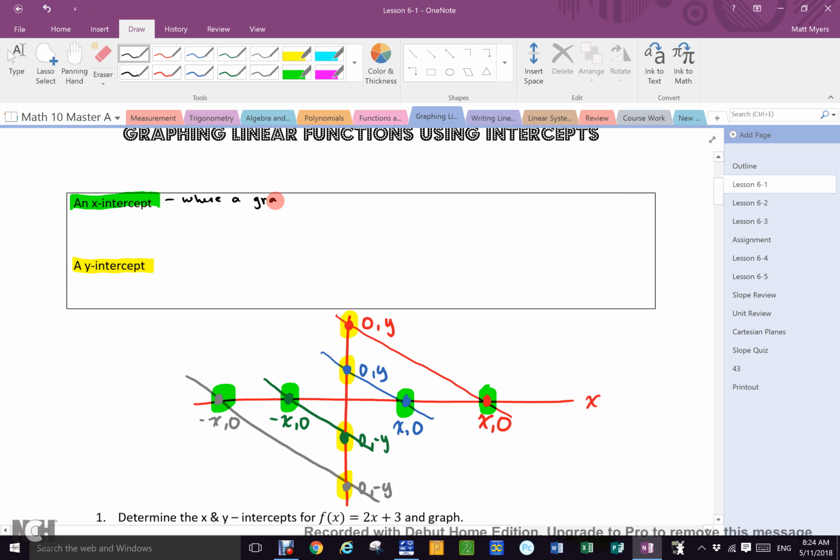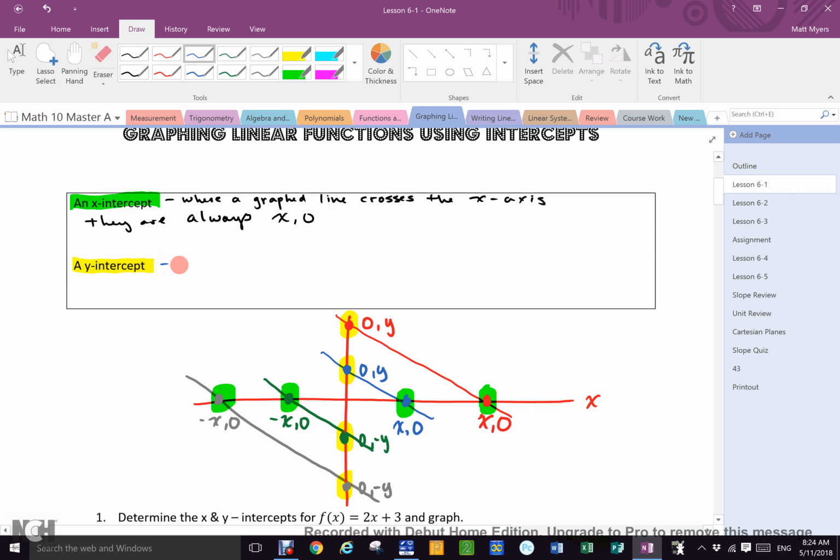Okay, so x-intercepts are where a graphed line crosses the x-axis. And they are always x comma 0. Everybody understand?